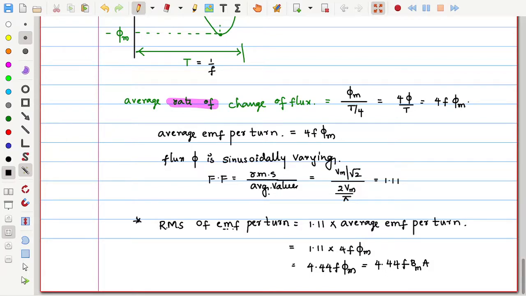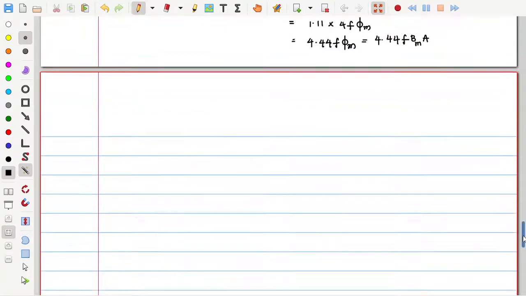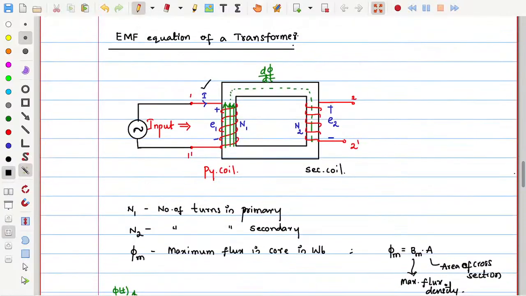Now, from the transformer perspective, we know that the induced EMF per turn in this coil and in this coil are the same. Why? Because the same rate of change of flux d phi by dt is associated with coil 1 and coil 2.